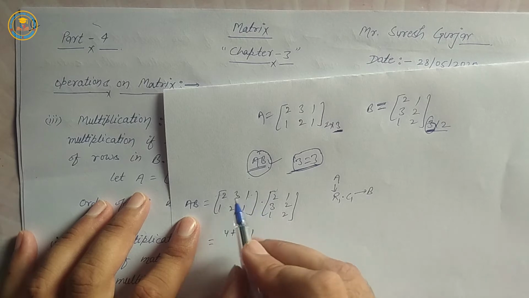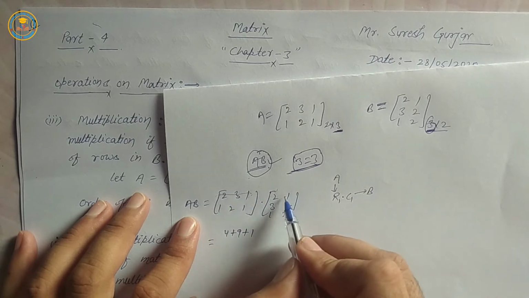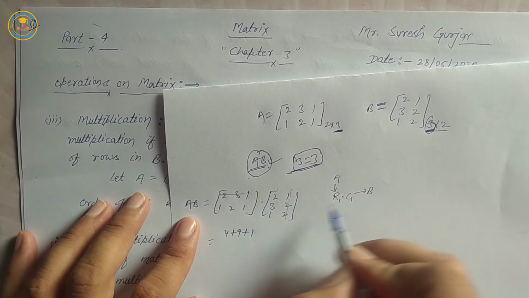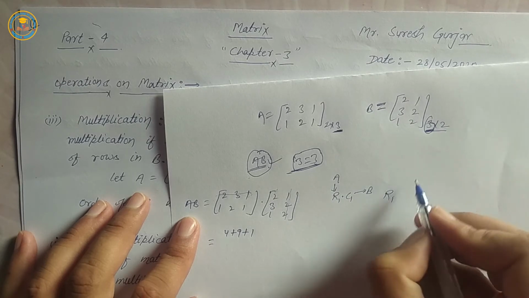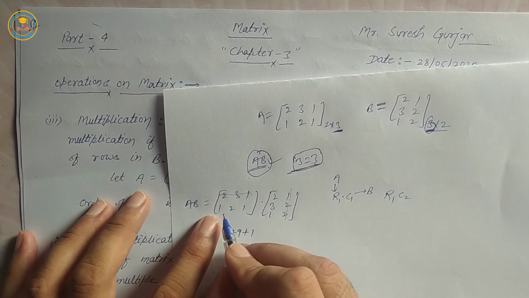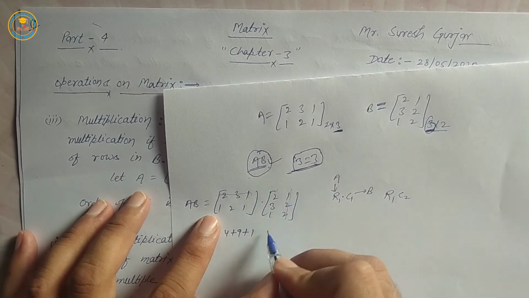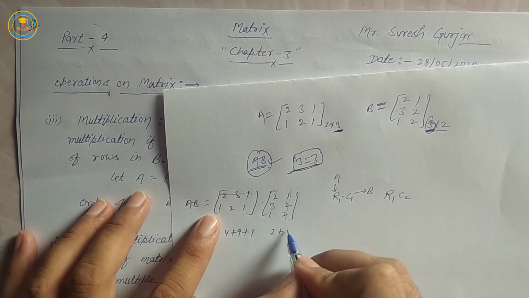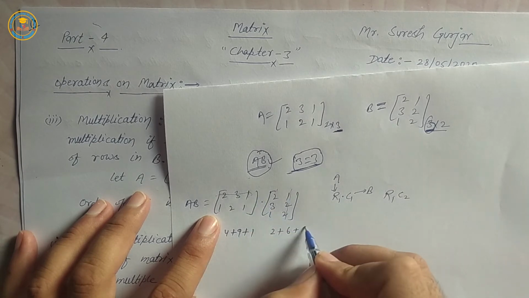Again, first row into second column, R1 into C2: 2 into 1, 2, plus 3 into 2, 6, plus 1 into 2, 2.